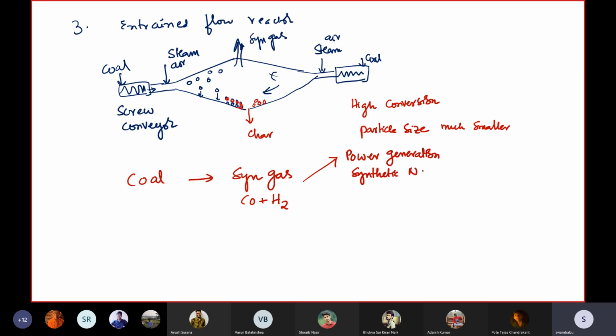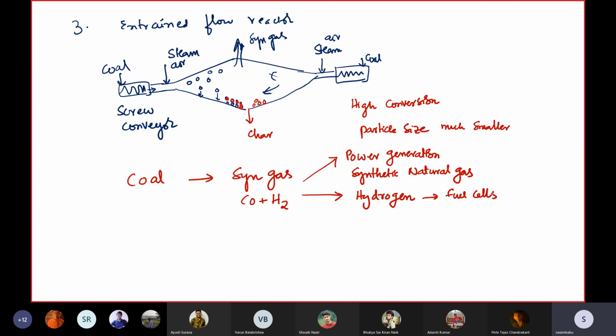Another use of syngas is that we can use it to produce hydrogen. What is the use of hydrogen? Fuel cells.